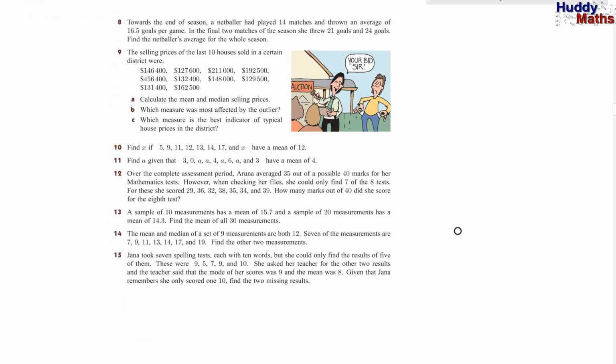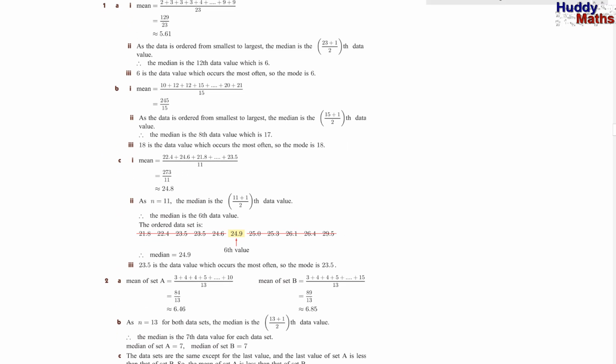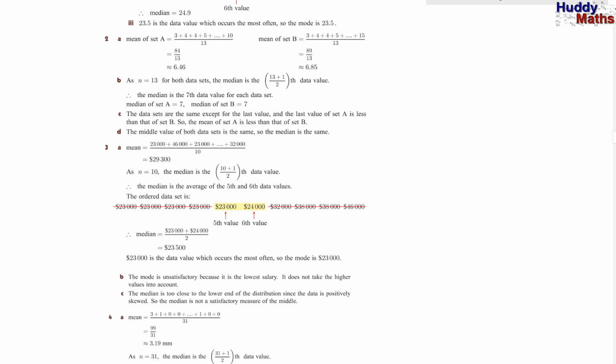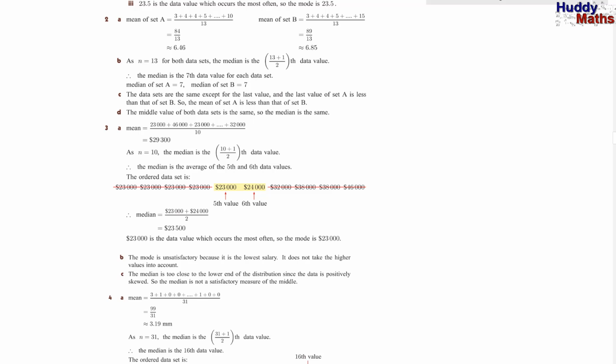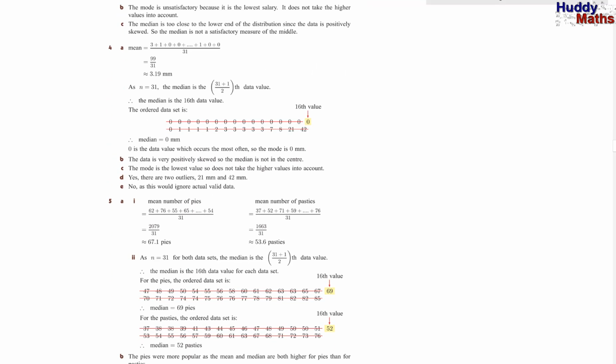All right, let's go down now and have a look at the answers to those questions, all 15 of them. There's question 1. Pause it and check your work. Question 2. Let's see if we can get those on. 2, 3. Okay. And then 4. I think we get 4 and 5 on.